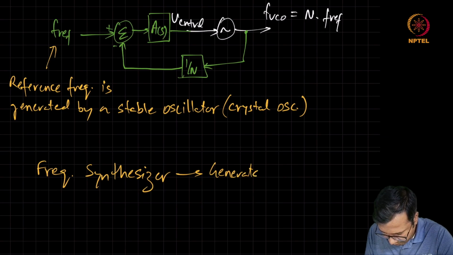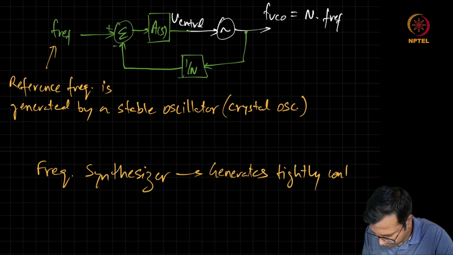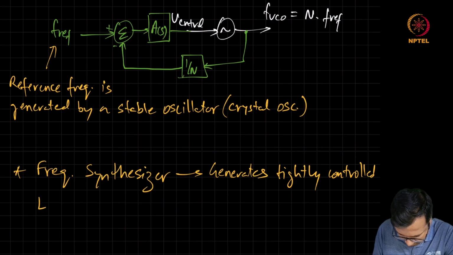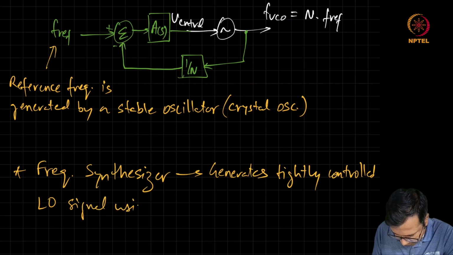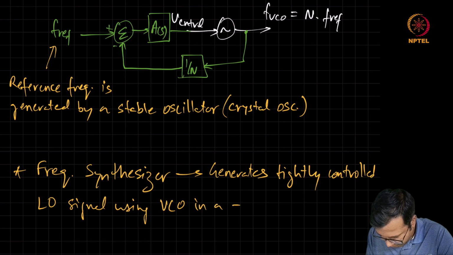It generates a tightly controlled LO signal using the VCO in a negative feedback.